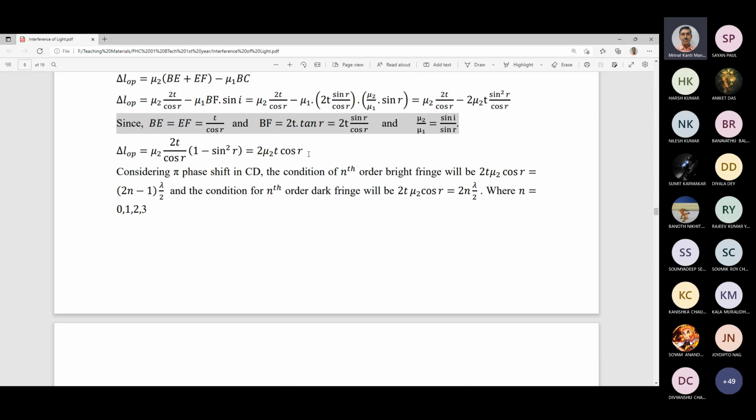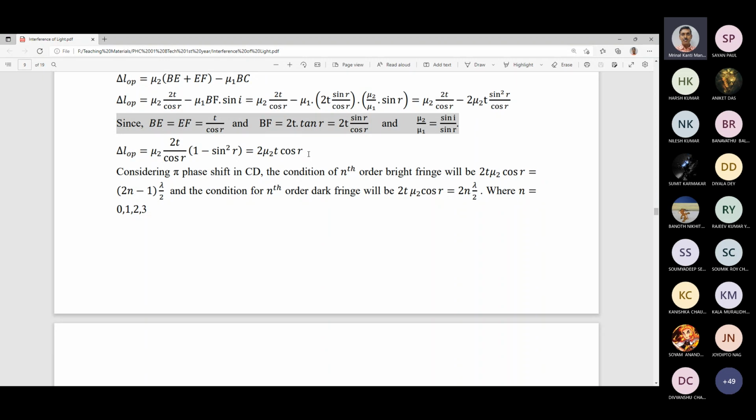Now, considering another thing, if we consider this refractive index is mu2, then twice mu2 cos r equal to n lambda is the condition of minima, because one of the beams undergoes a phase shift of pi. That is the first beam. The first beam undergoes a phase shift of pi because it is reflected back by the denser medium. But the second beam is reflected back by the rarer medium.